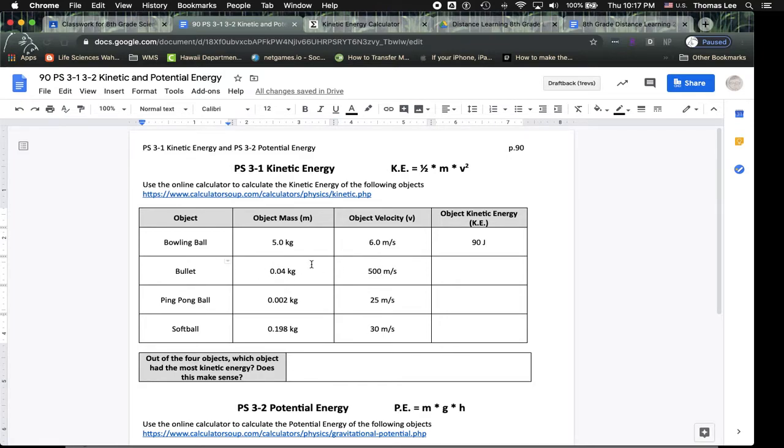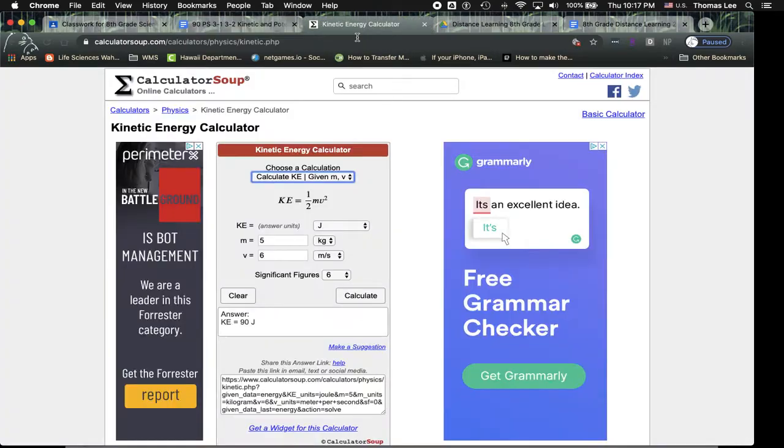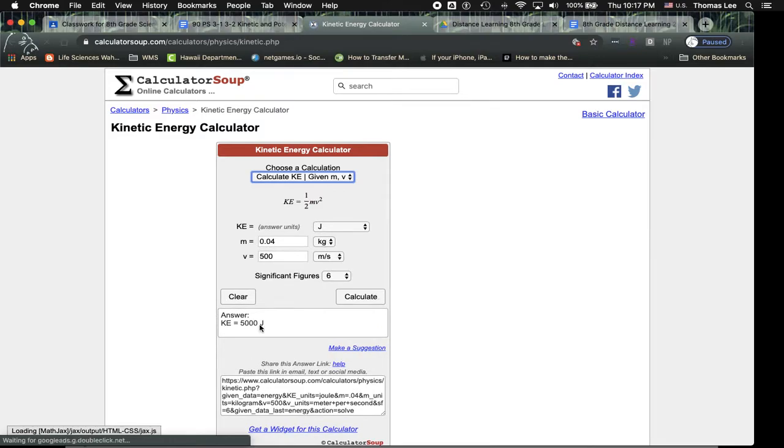Here's a bullet. A bullet is very light, so it only has 0.04 kilograms, but it's very fast, 500 meters per second. Do you think the bullet's going to have more or less kinetic energy than a bowling ball? Let's find out. 0.04, 500, and a lot.